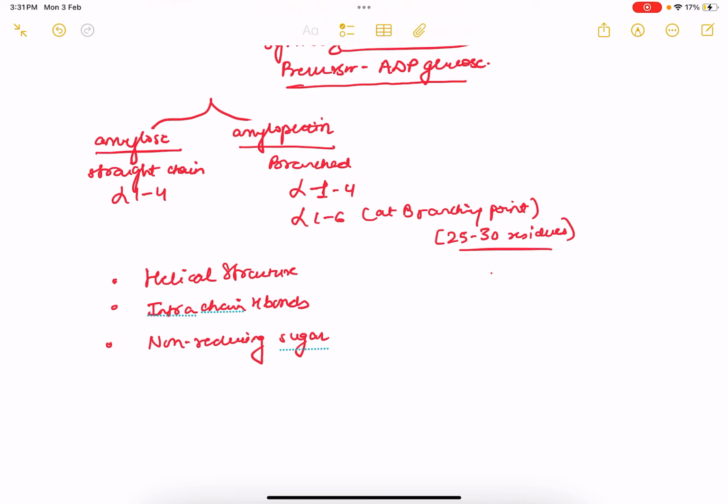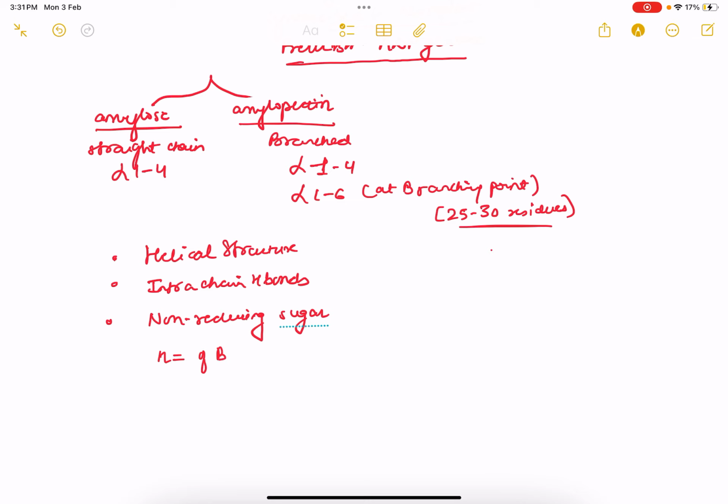If there comes a question that there are n number of branches, then how many reducing and non-reducing ends are present?